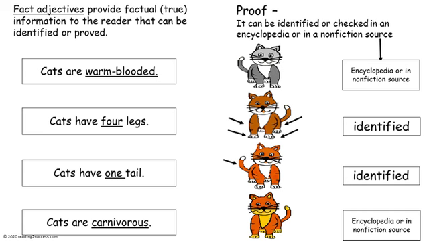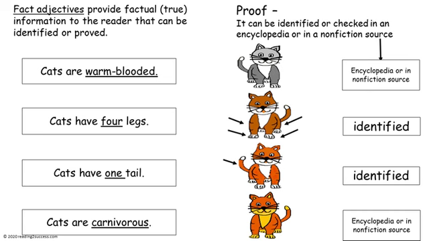We have cats are warm-blooded, cats have 4 legs, cats have 1 tail, and cats are carnivorous. These are 4 facts. The proof of each fact is either identified or proved and can be checked in an encyclopedia or in a nonfiction source.